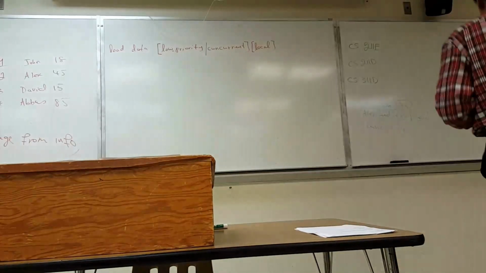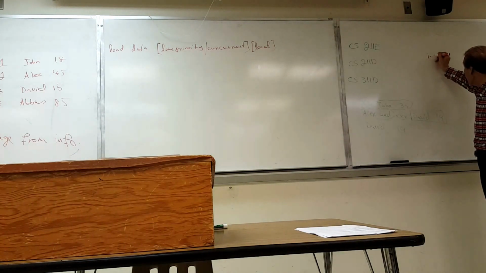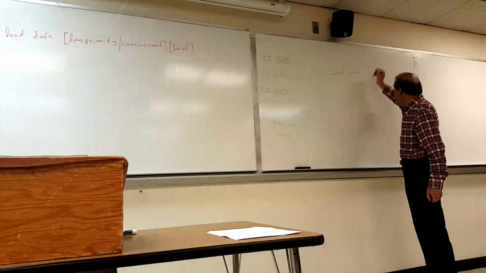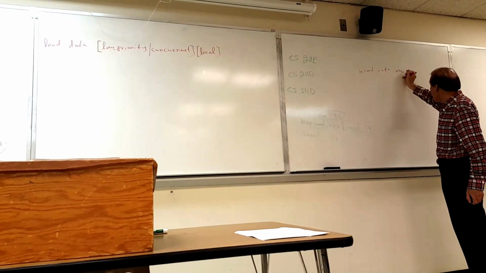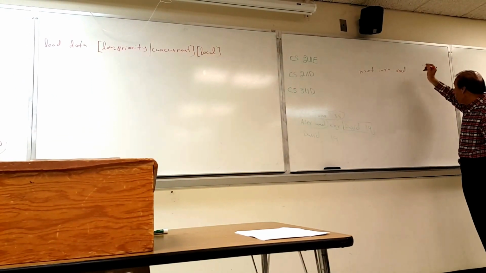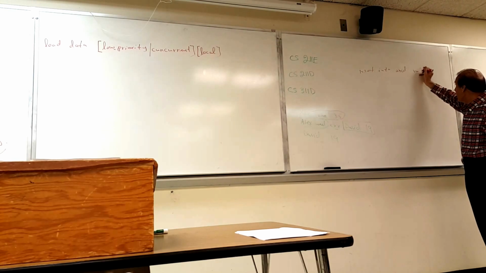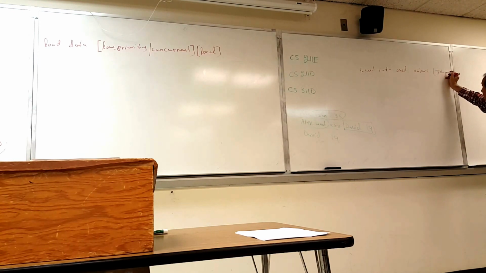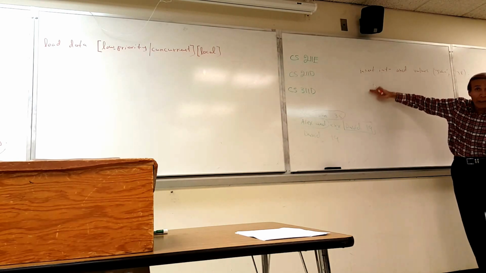Let me remind you. INSERT INTO, for example, A, B, C, D VALUES, for example, John, 38. If you do it like that, you are putting only one. If you have many records, you have to use many inserts, right?